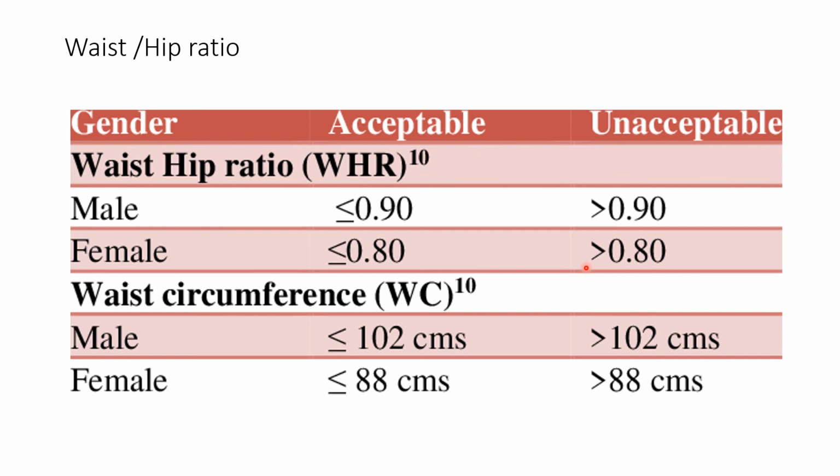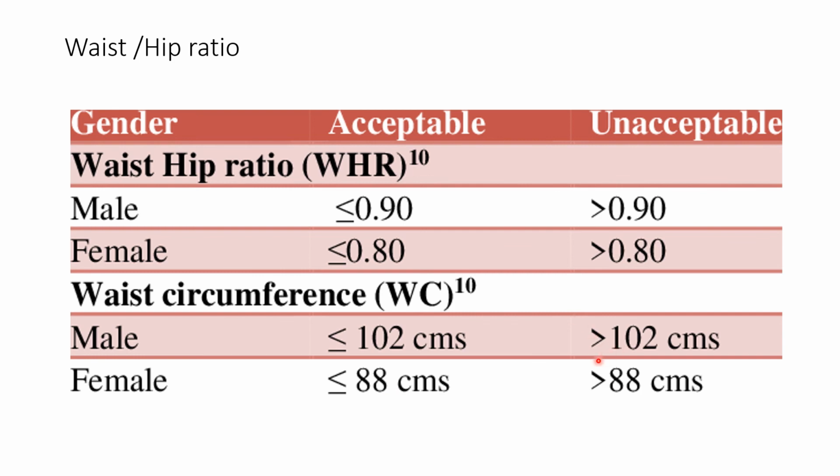Nowadays only the waist circumference is usually taken, and more importance is given to the waist circumference. Males should have their waist circumference less than 102 centimeters, and females should have less than 88 centimeters.